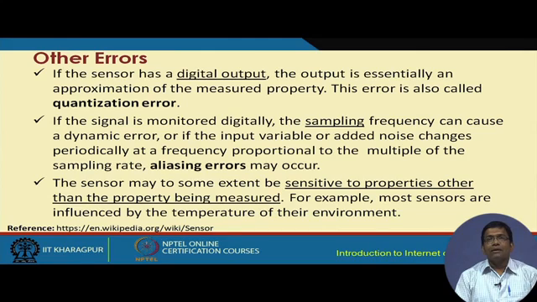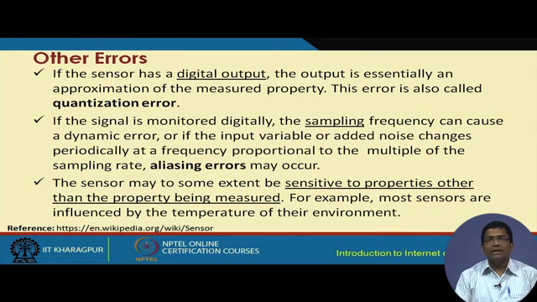For example, a temperature sensor might also sometimes be sensitive to a few other things that are not directly being measured, maybe humidity or pressure at times, or maybe light. It depends actually.